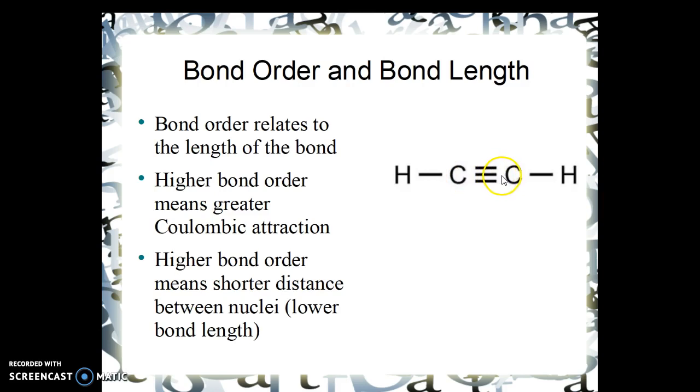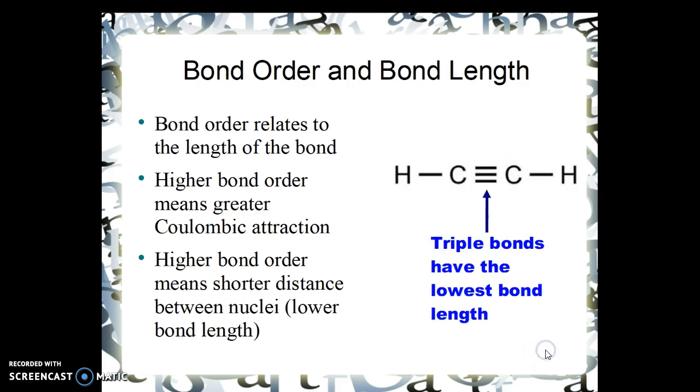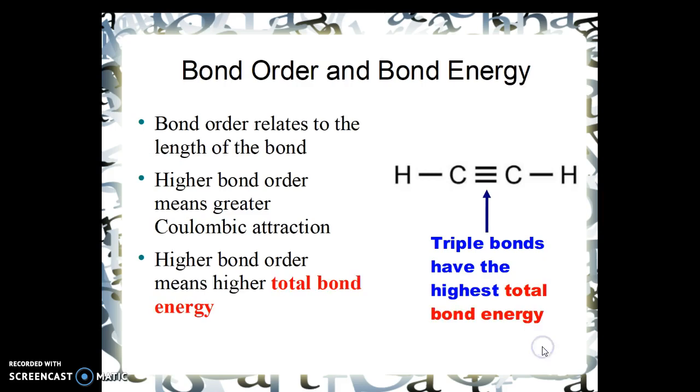There would be a lower bond length. Again, because of the higher Coulombic attraction, the low energy state is for the carbon atoms to be closer together in order to take care of this greater bond electron density. Triple bonds then would have the lowest bond length.